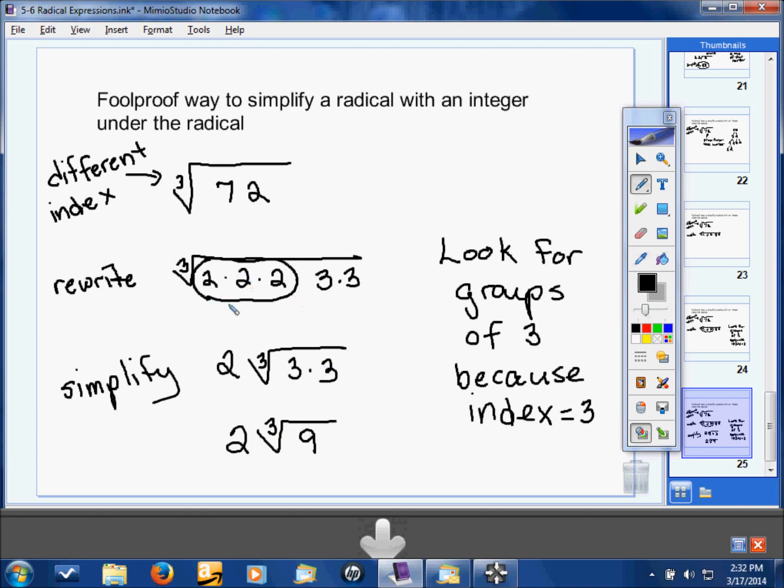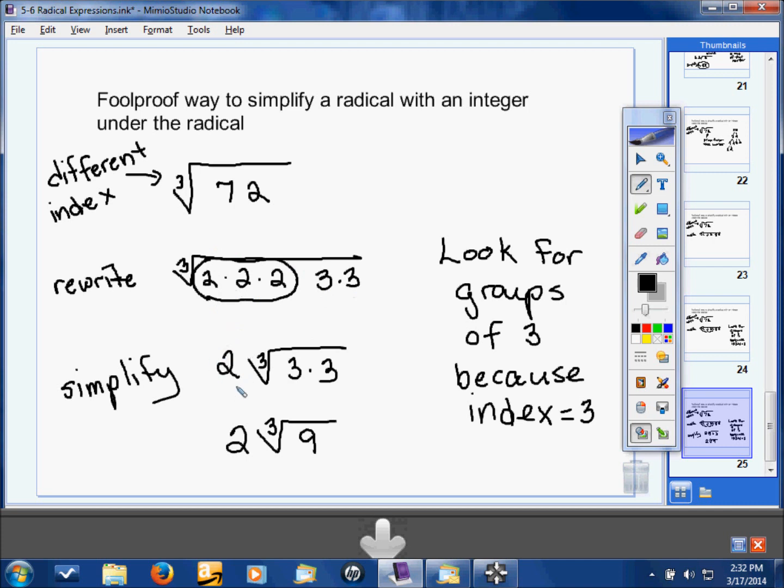Okay guys, listen up. Remember the definition of a cube root: what number times itself gives you what's inside. Since there's 3 of them, 2 times 2 times 2, that means that the 2 is the answer to that question. So this is really an 8. This is really the cube root of 8.